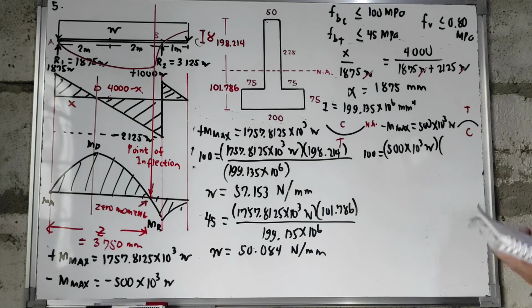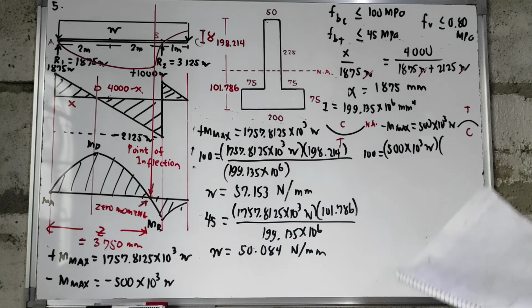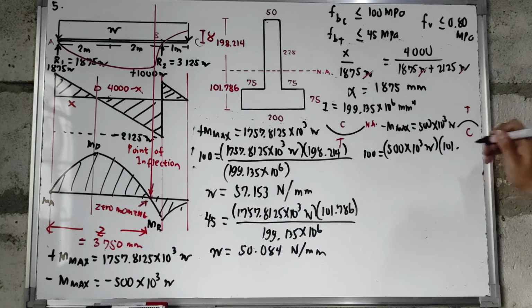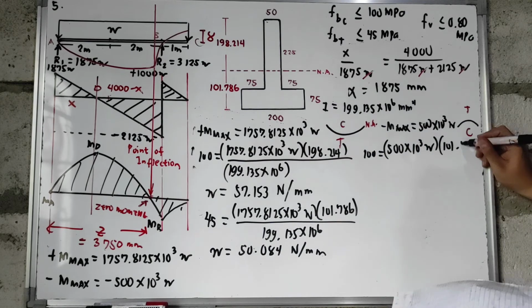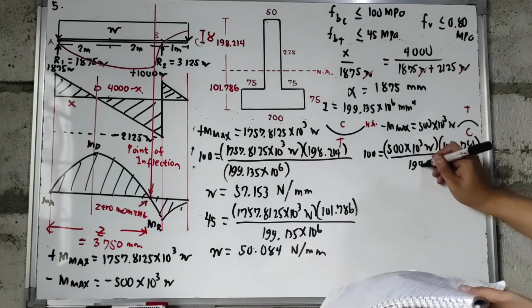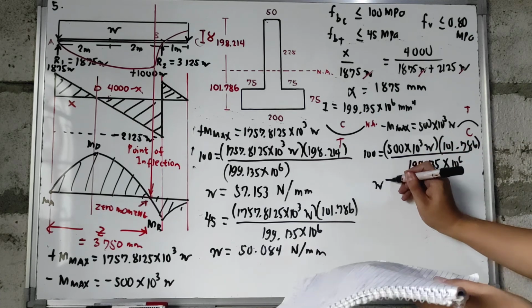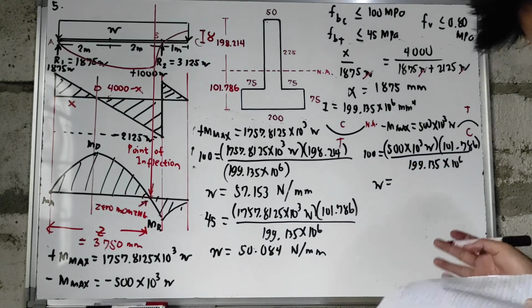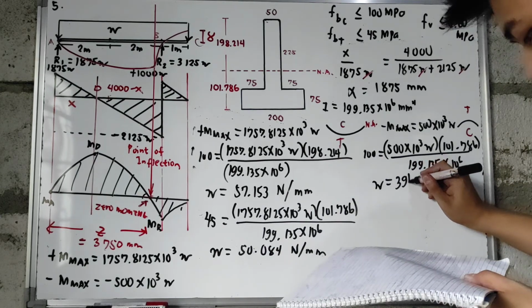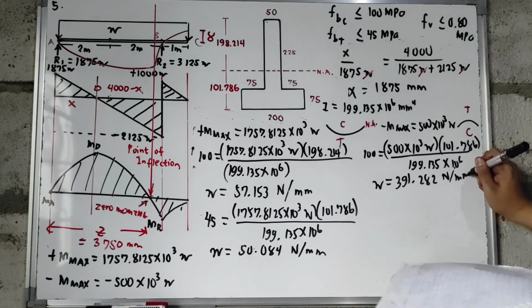And for the value of your C here, in tension side natin, that is equal to 101.786 all over yung I natin na 199.135 times 10 raised to 6. So the value of your W is now equal to 391.282 Newton per mm.